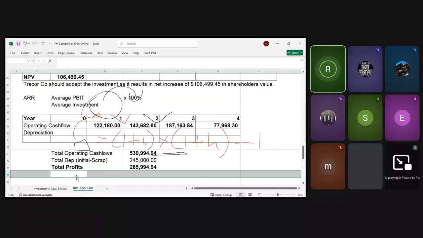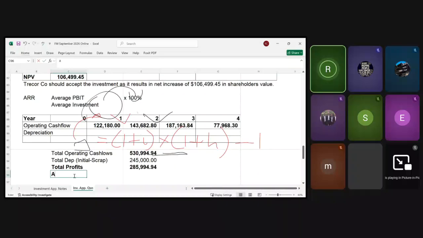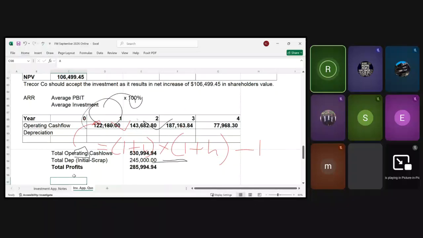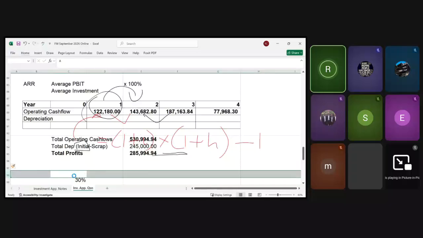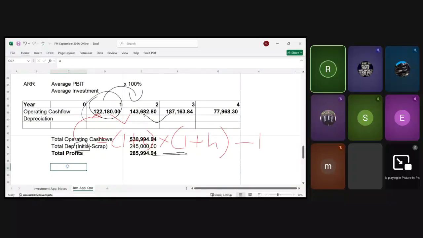Our project has got 4 years. So our average profit is this divided by 4 because the project has got 4 years.